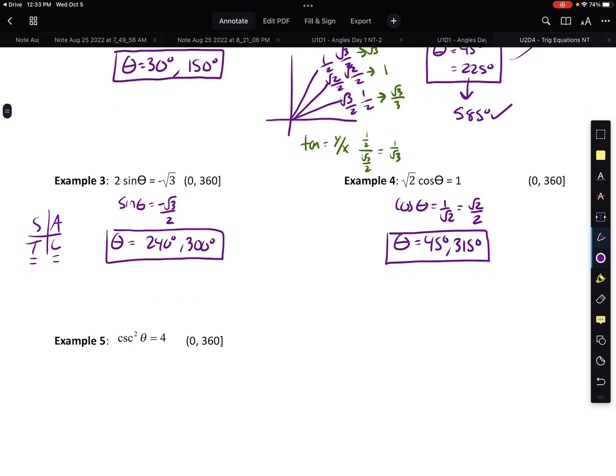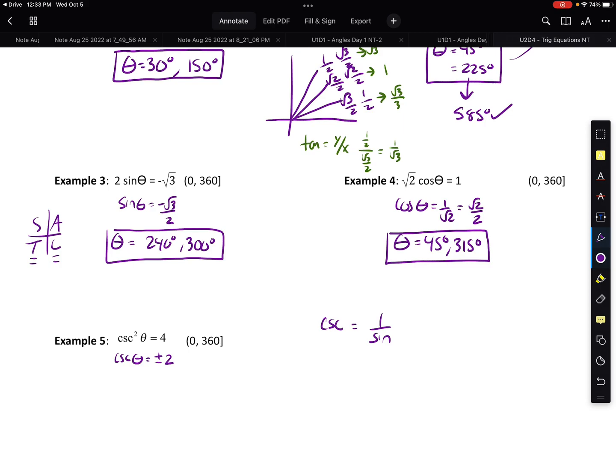All right, now tying in our other trig functions. We got sine, we got cos, we got tan. We also have cosecant, secant, and cotan. So if I work with cosecant, I take the square root, I get positive negative 2. What we know is that cosecant is the same thing as 1 over sine.